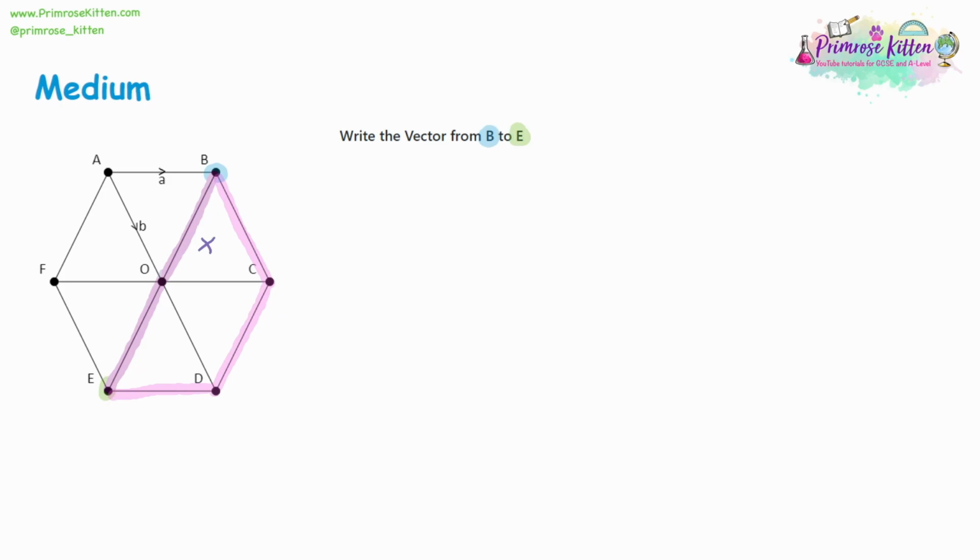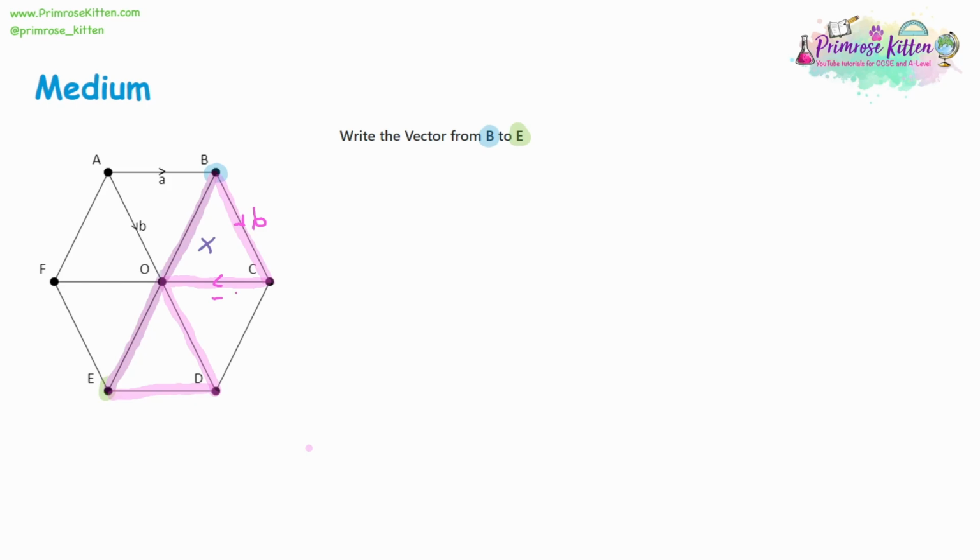Now, looking at this one, I actually can't use this either, because going from C to D is that same diagonal line that I couldn't use before. So I can't go from C to D. What else could I do? Well, I could go from C to O, and O to D. So let's look at what that's given us. B to C is vector B, same direction, same length.